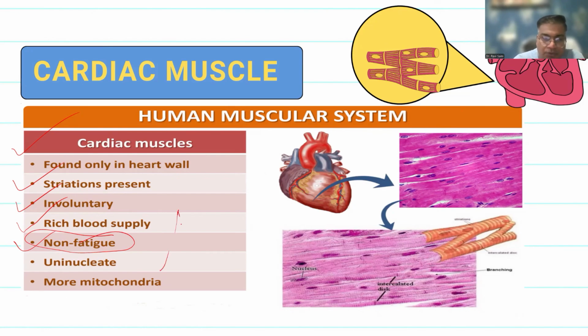In cardiac muscles there is a long refractory period in the cardiac action potential, but such a refractory period is absent in skeletal muscles. We'll later talk about how these refractory periods are responsible for the non-fatigueness of cardiac muscles. Cardiac muscles are uninucleate and have many mitochondria, as in skeletal muscles.